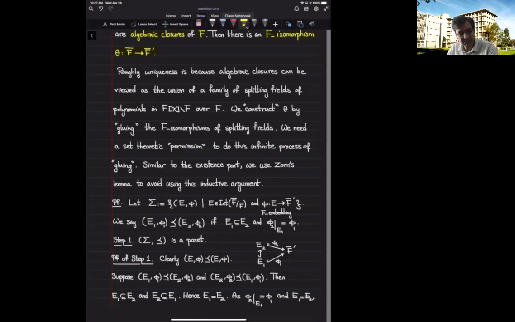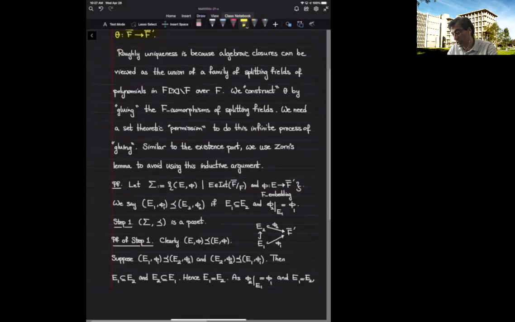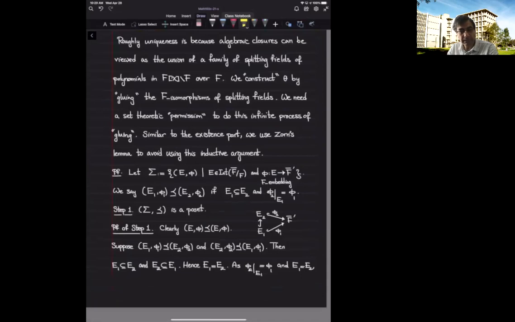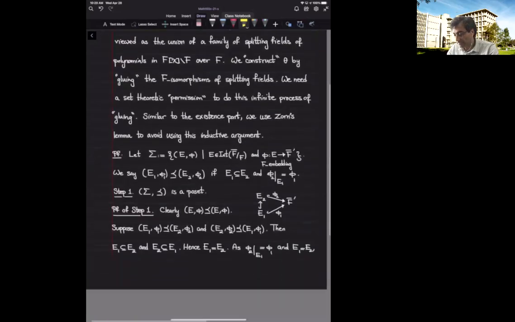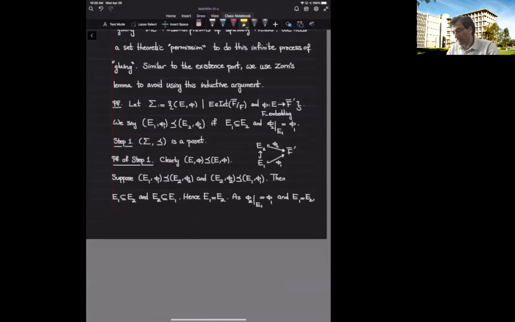Okay, so next what we want to do is to use Zorn's lemma and create this theta from f bar to f bar prime. Often we want to say that Zorn's lemma is going to tell us that, okay, I want to create this map from f bar to f bar prime.